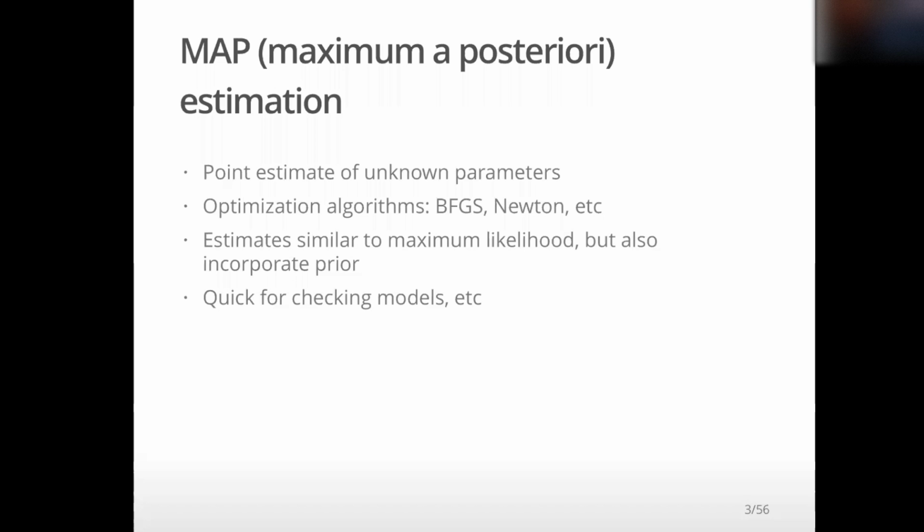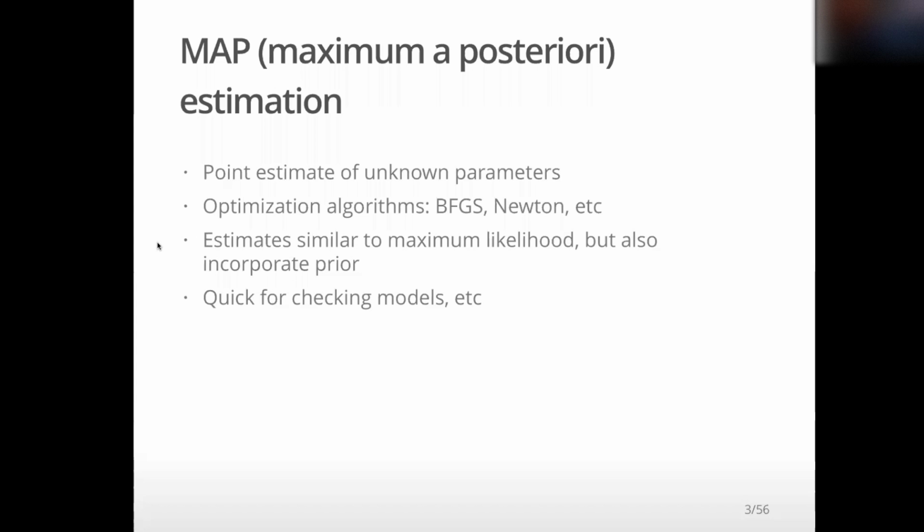So if you're going to do this MAP estimation, you have to realize that any of the estimates you get may be somewhat conditional on your choice of prior. So if you actually use it for papers or analyses, it's worth doing some sensitivity analysis to that. The MAP will generate a point estimate of your unknown parameters in a model.